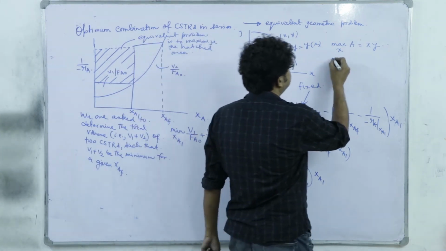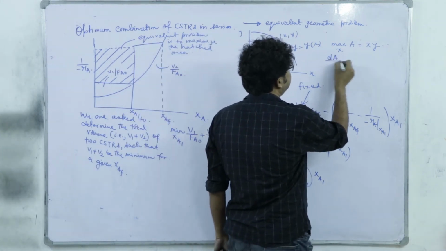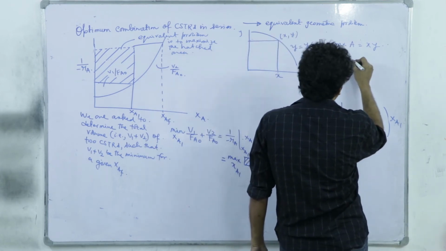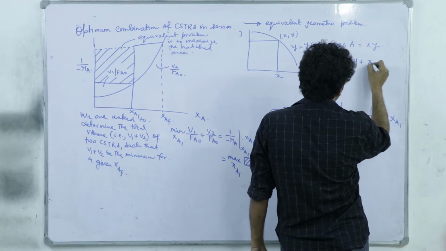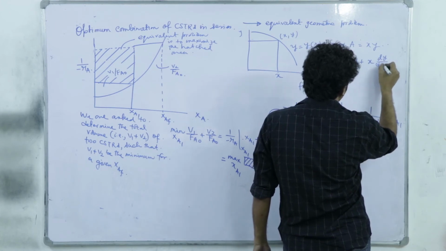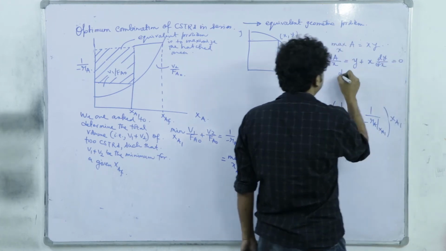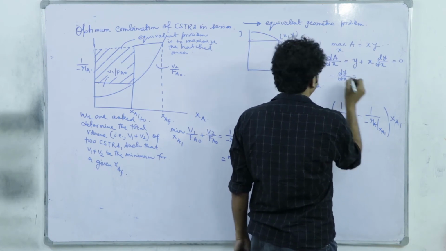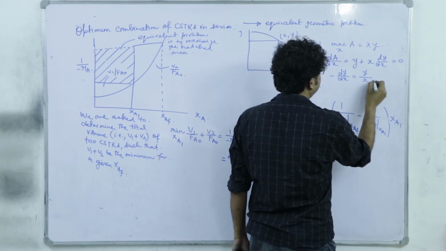So, here if I set dA dx, right, it is y plus x into dy dx, and that must be equal to 0. So, dy dx with a minus sign is y by x.